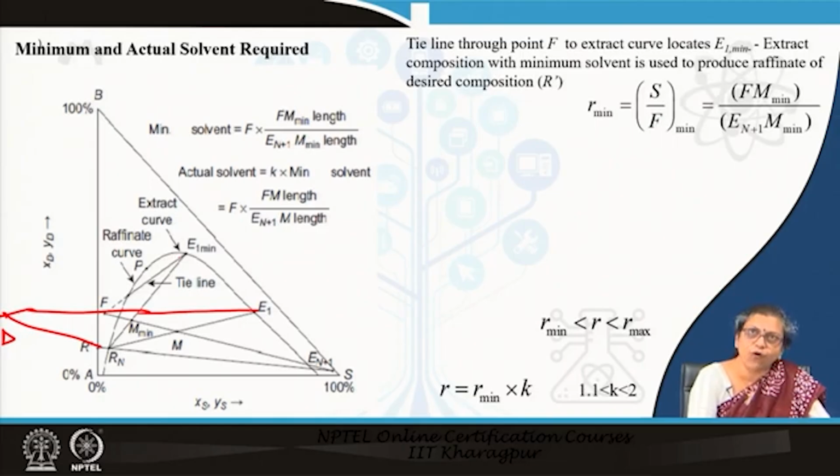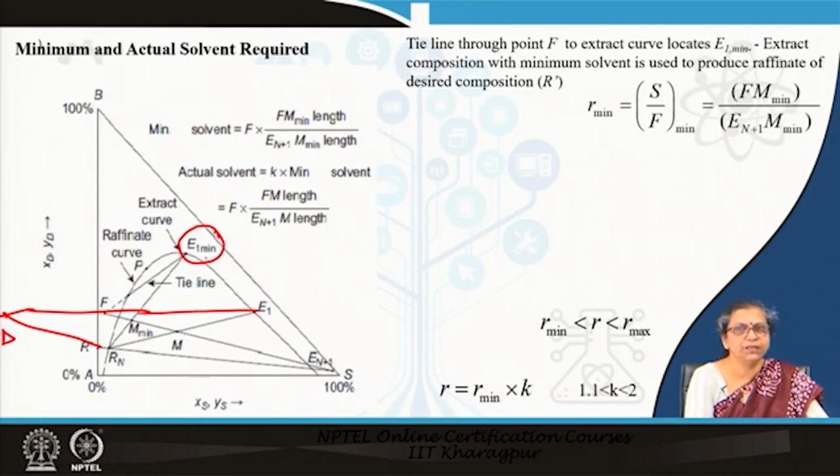So, therefore, in order to locate the minimum amount of solvent, you need to locate the E1 corresponding to the minimum solvent. How can you locate that? You have to locate F, then corresponding to F you have to locate the tie line which passes through F, or rather which is an extension of delta F. Once you can locate this, the location of tie line is the same, you will have an equilibrium curve here, from there you are supposed to locate.